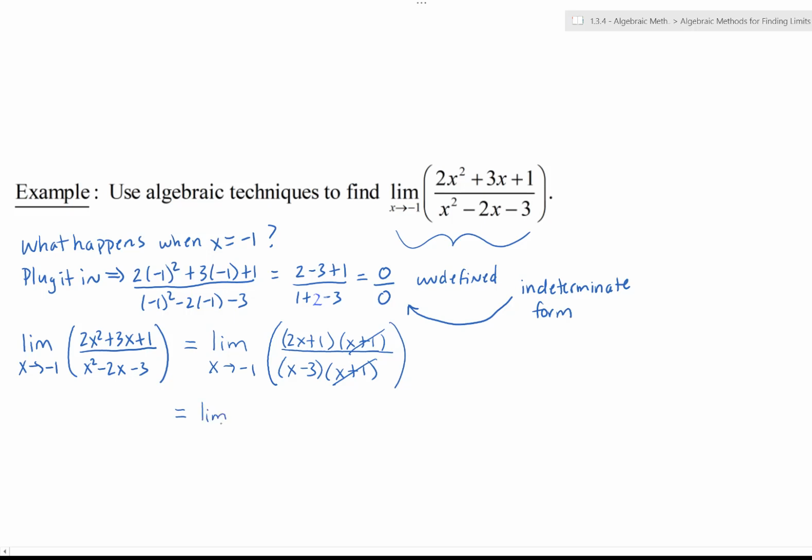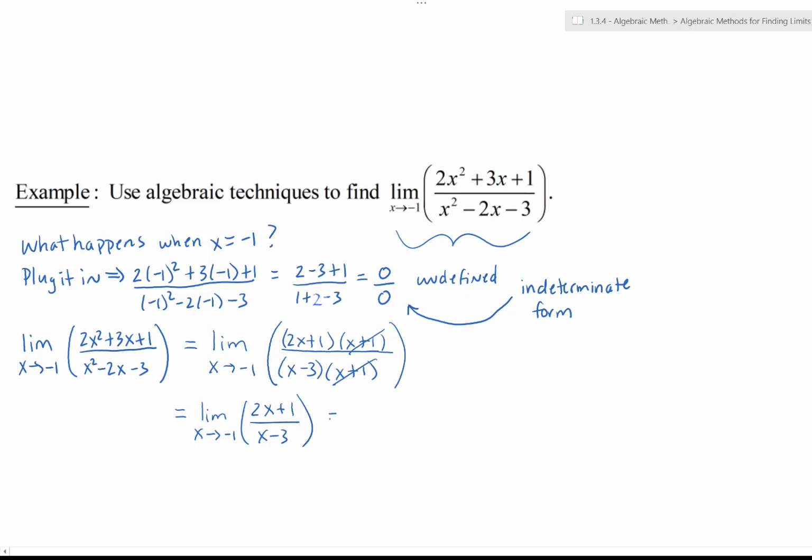So this is the same as the limit as x goes to -1 of 2x plus 1 over x minus 3. And now that problem spot of the factor of x plus 1 in the denominator has been removed.